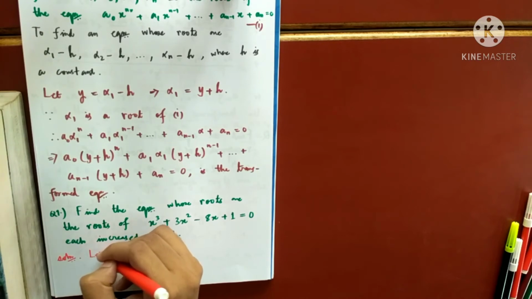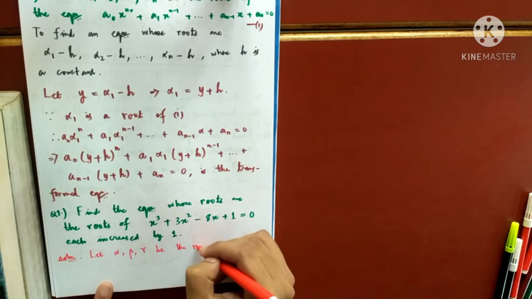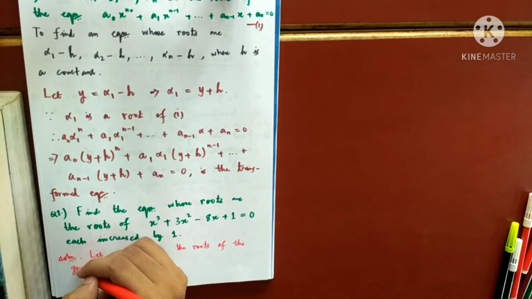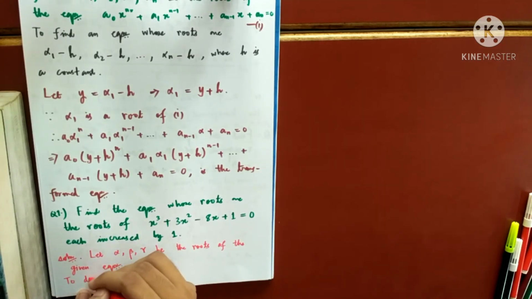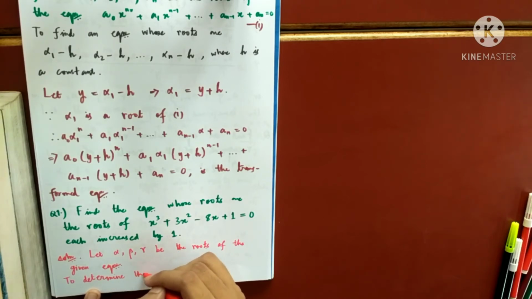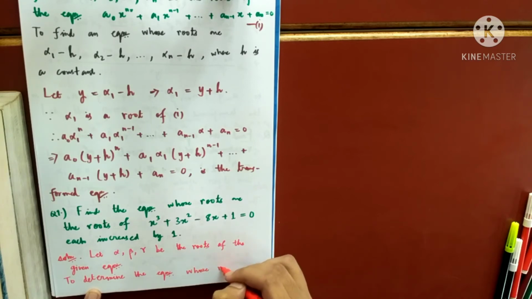So how to start with the solution? Let alpha, beta, gamma be the roots of the given equation. To determine the equation whose roots are alpha plus 1, beta plus 1 and gamma plus 1.